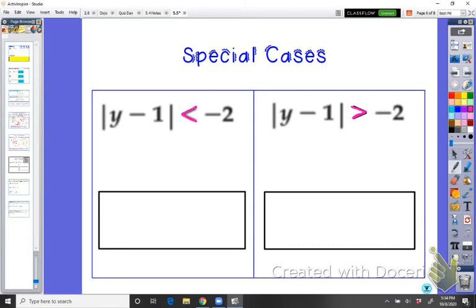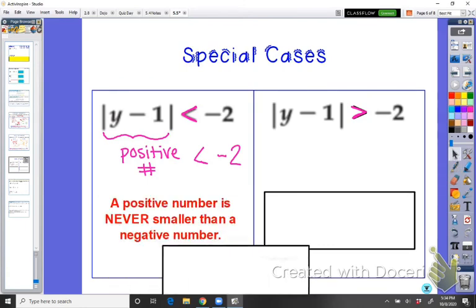The left one, the absolute value of y minus 1 is smaller than negative 2. Remember, whatever this is, it's going to be a positive number. And they're saying this positive number is smaller than negative 2. Well, we should know that's not true because positive numbers are bigger than negative 2. So a positive number is never smaller than a negative number.